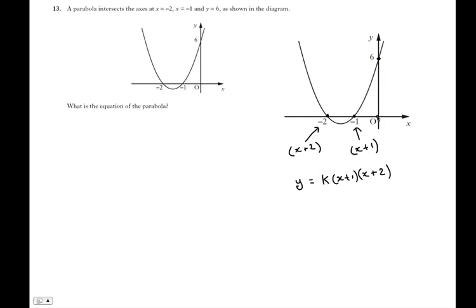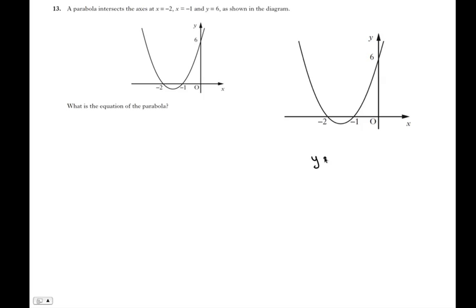If there was no k there and we put in x equals 0, this factor would be 1, this factor would be 2, product is 2. That is not the height. We would be getting a parabola that scaled to a height of 2. This scales up to a height of 6. So that is not the formula for the parabola.